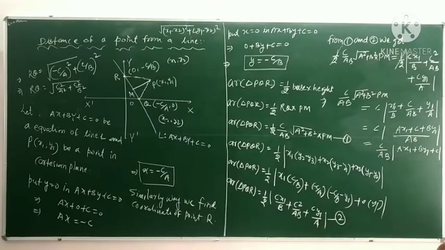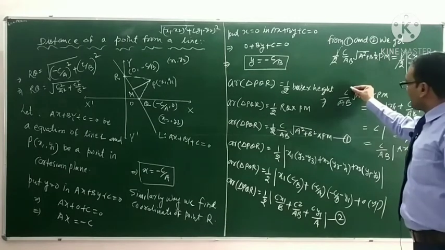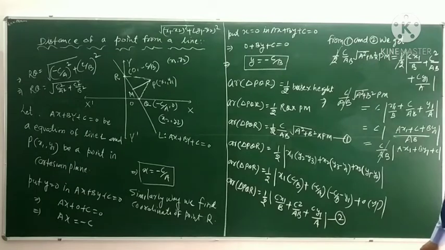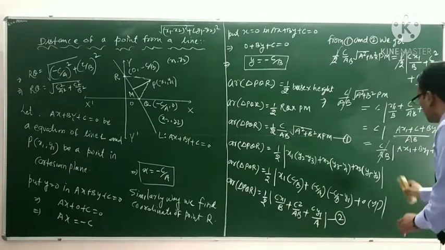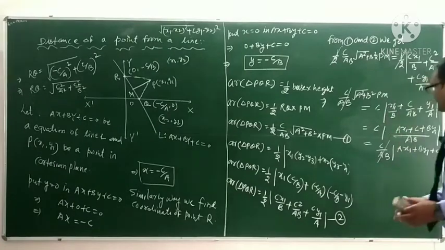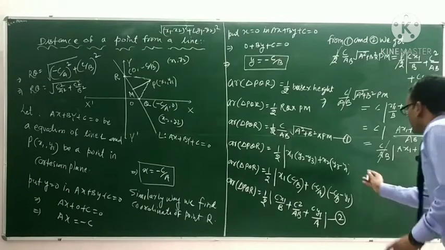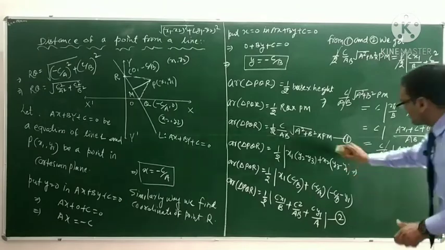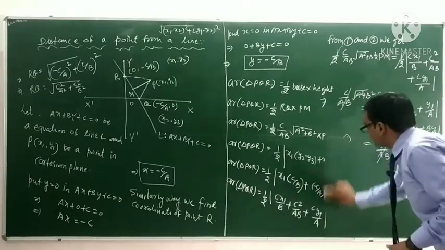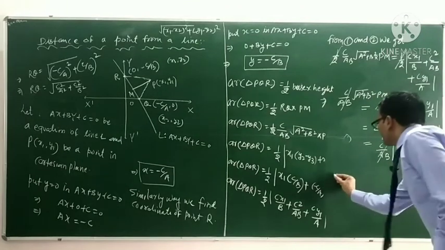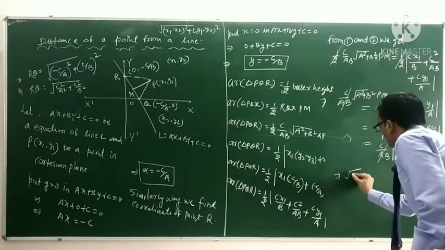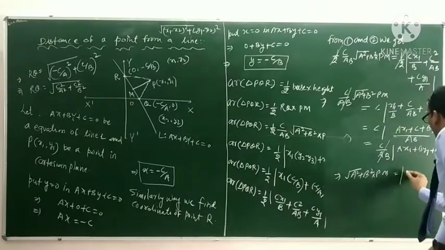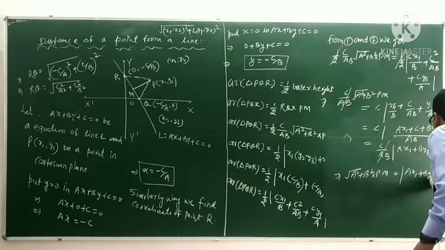Okay students, here c upon AB will be cancelled. This implies that square root of a square plus b square PM is equal to mod of ax1 plus by1 plus c.